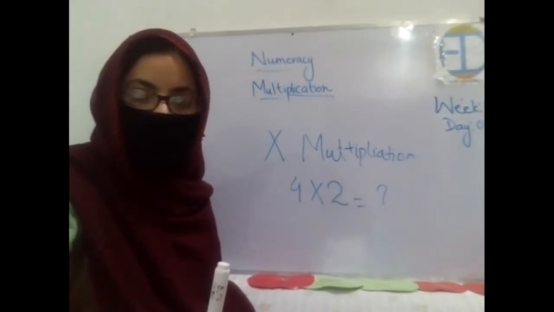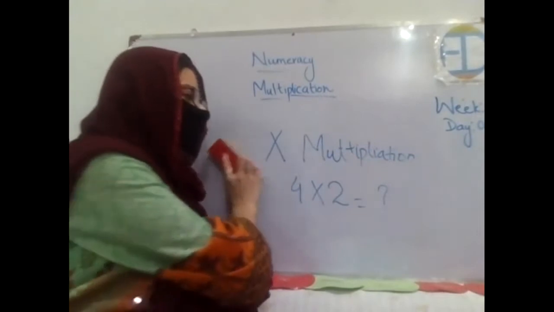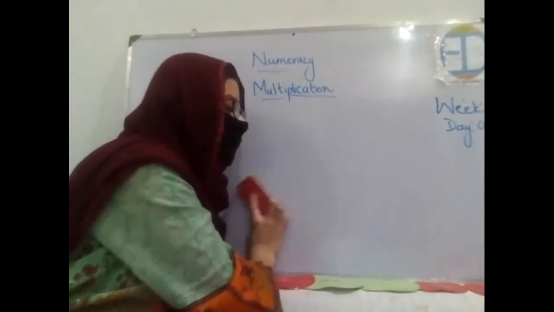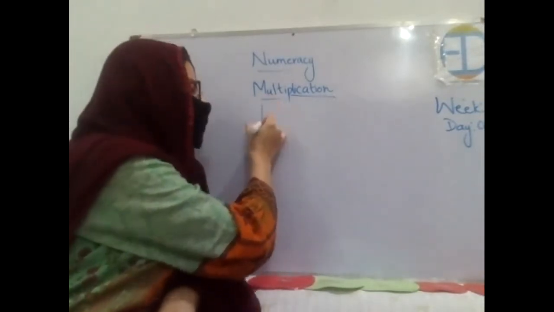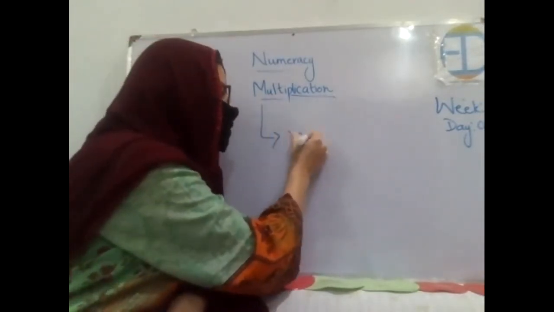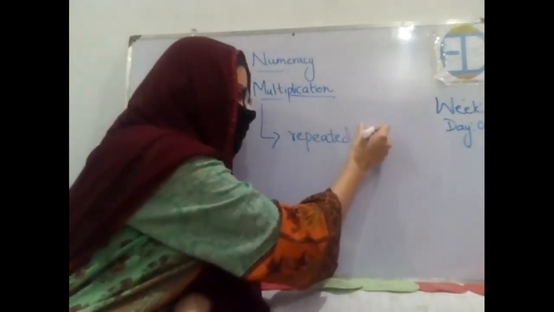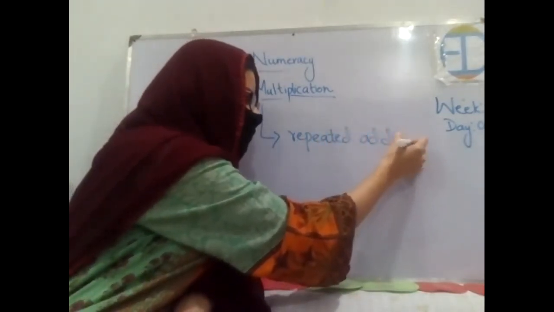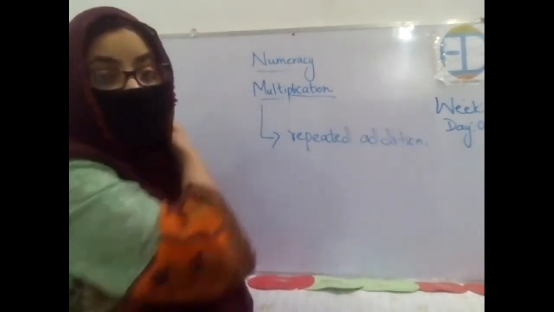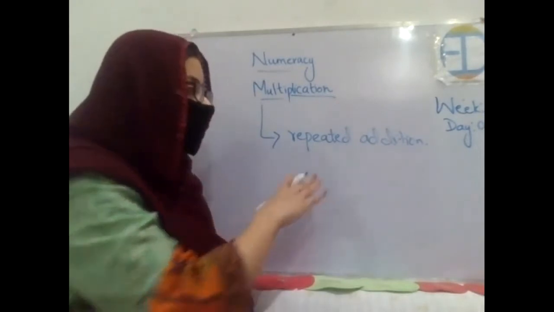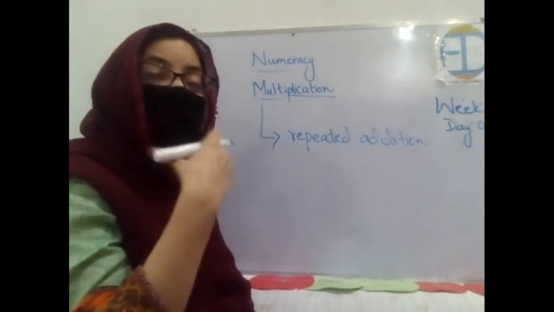So now, who is going to tell me what multiplication means? Can you tell me what multiplication means? So let's first understand this. The easiest way to understand multiplication is repeated addition. Keep on adding the same number again and again to itself, and the answer which you will get would be the multiplication.